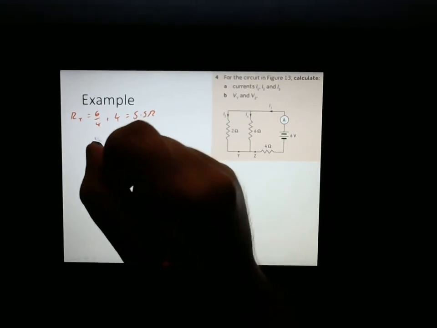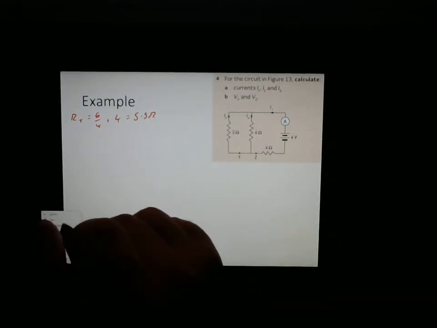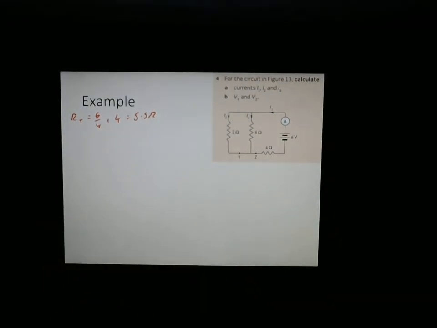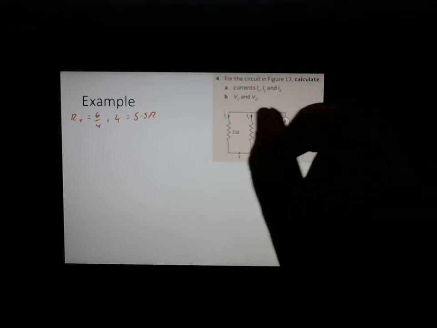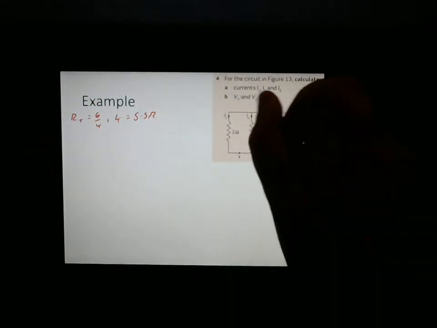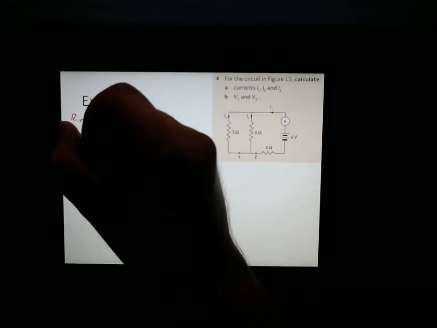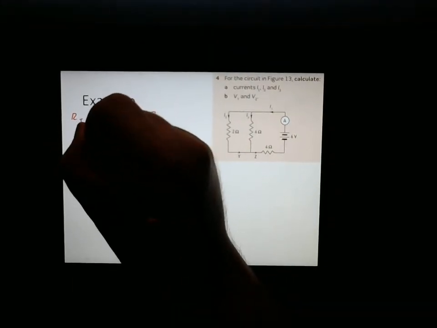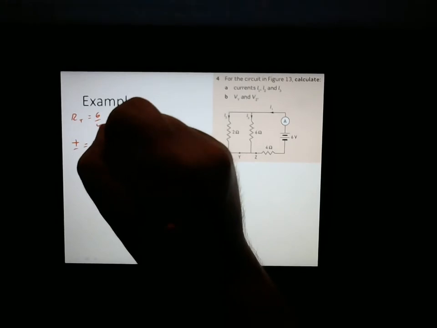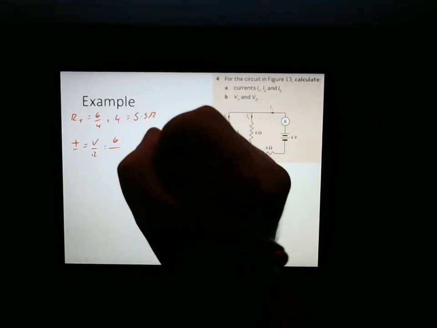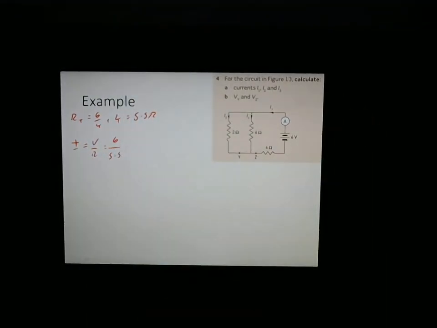And I'll just get rid of that work because we won't need it. Apologies. Okay, let's start working out the current. We know that the total voltage is equal to 6. We know the total resistance is equal to 5.5. So the total current, V over R, is our 6 over 5.5.